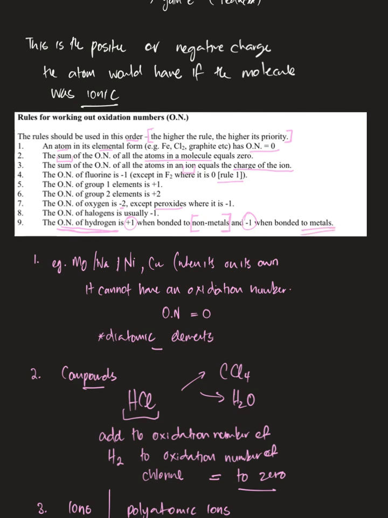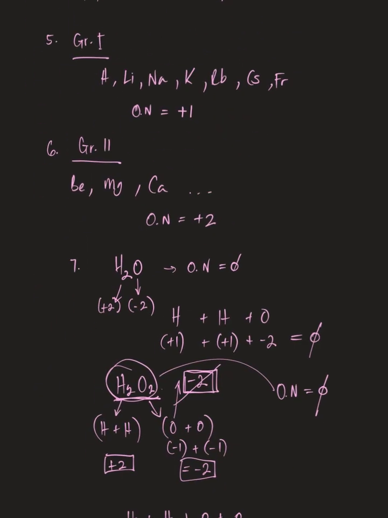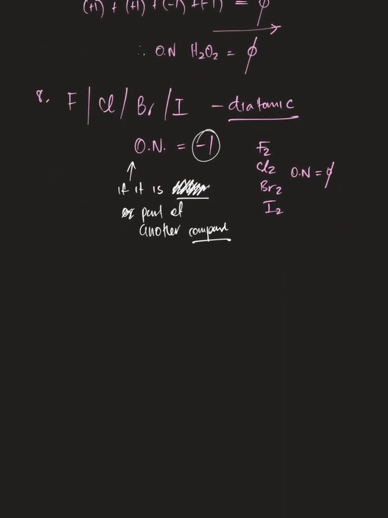So please make sure that you're very careful about how you are bonding your hydrogen when it comes to metals and non-metals. Let's have a look at number 9. When we look at something like that, you need to understand that hydrogen is a non-metal.